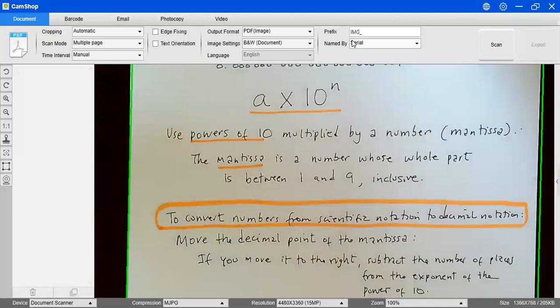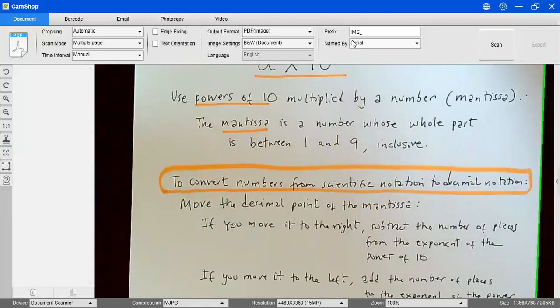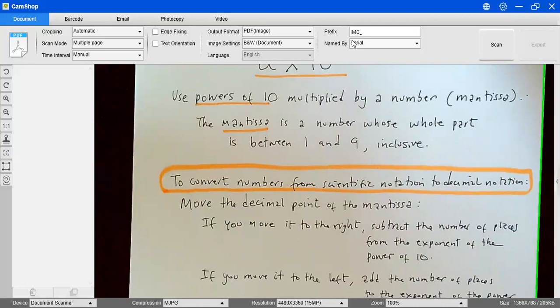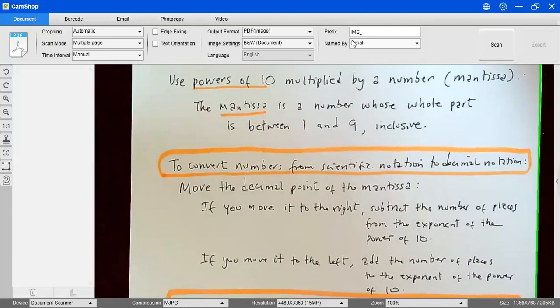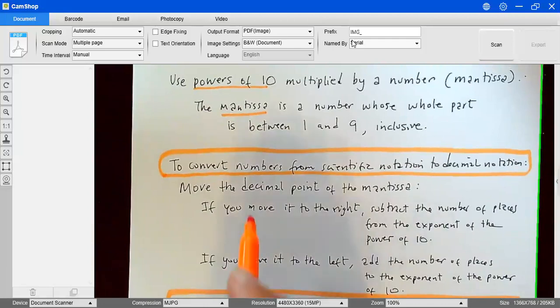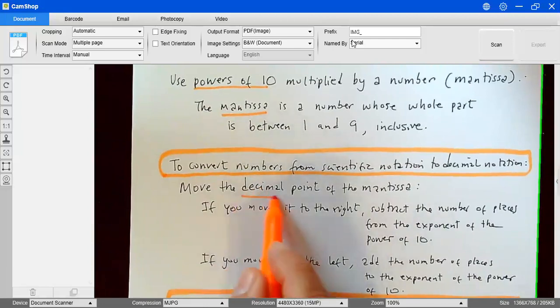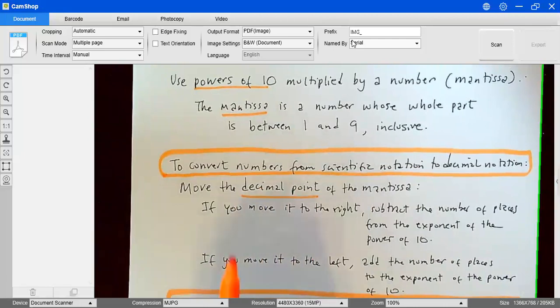To do that, we're going to have two rules to move the decimal point of the mantissa. That's the way that we're going to move from one notation to the other, by playing with the decimal point of the mantissa. You have only two options. You either move the point to the right or you move the point to the left.